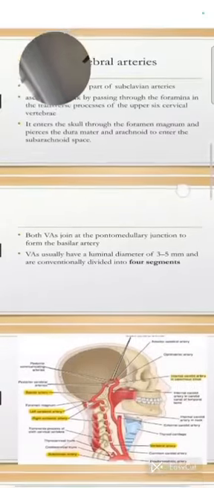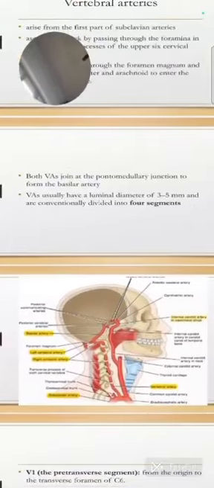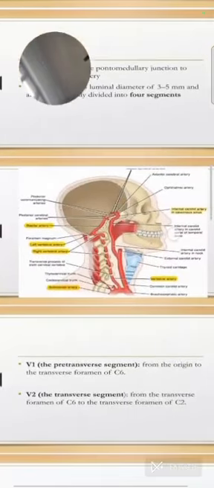The vertebral artery usually has a luminal diameter of about 3 to 5 millimeters, and based on its course, it is divided into 4 segments.